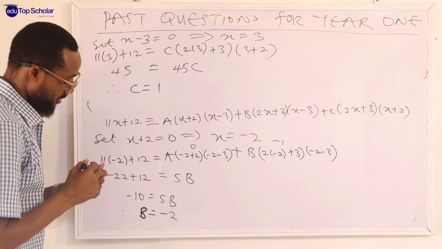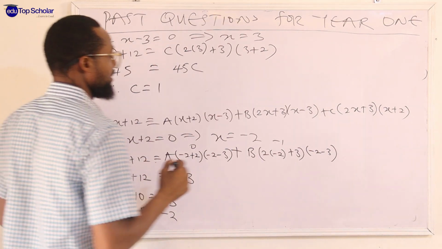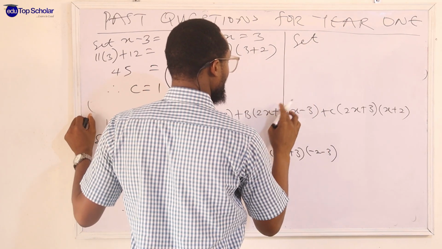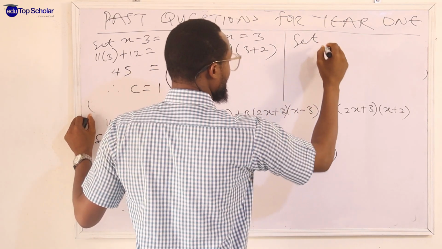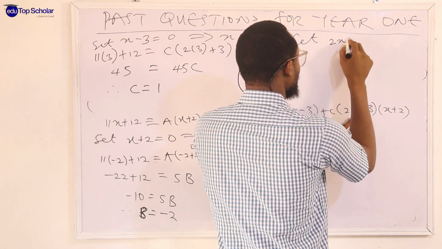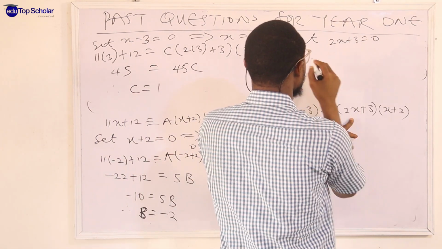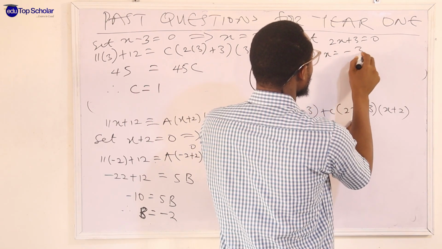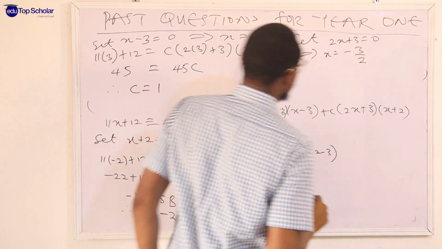And now, the last one. We also set 2x plus 3 to 0, and this implies that we have x equals minus 3 over 2.